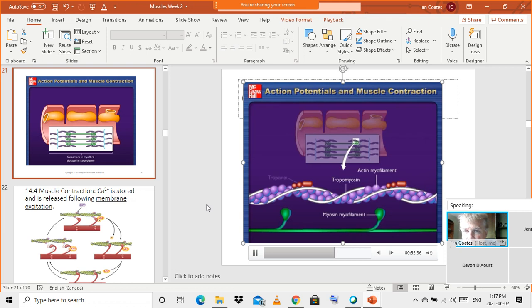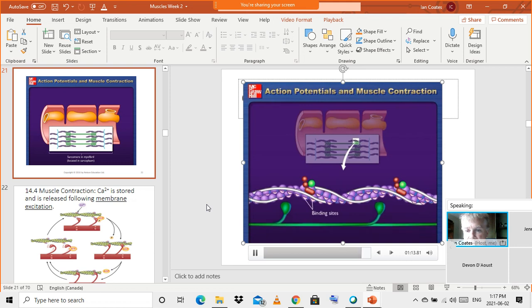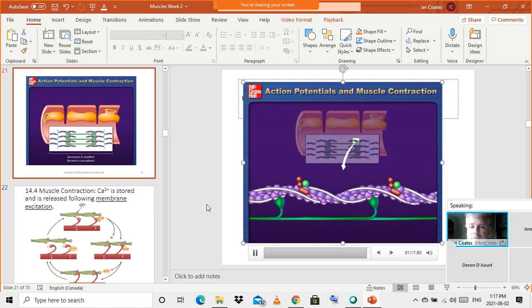Globular troponin proteins are attached to the tropomyosin. When calcium ions bind to troponin, this causes troponin to change conformation and move the tropomyosin. When the tropomyosin moves, this uncovers the myosin-binding sites on the actin, allowing myosin heads to bind and form cross bridges. The cross bridges play a role in muscle contraction.